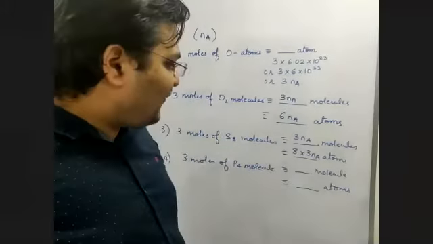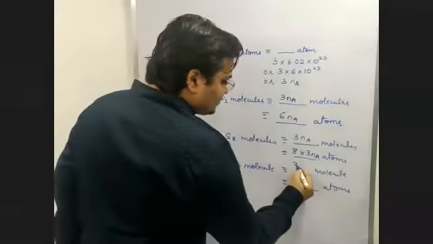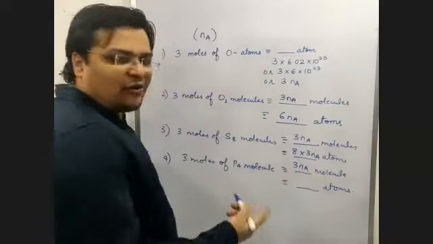3 moles of P4 will have dash molecules. Can I say 3 NA? And how many atoms?